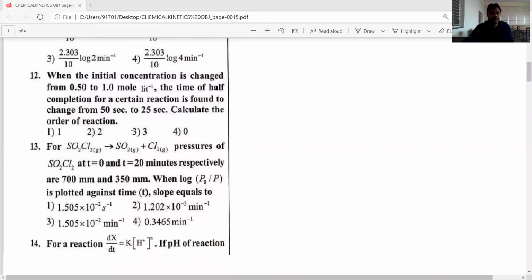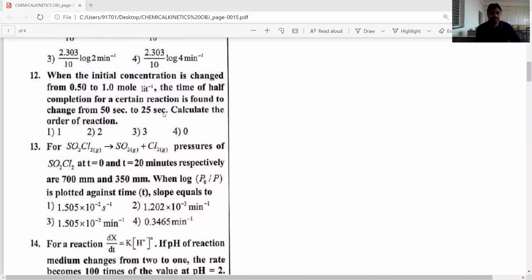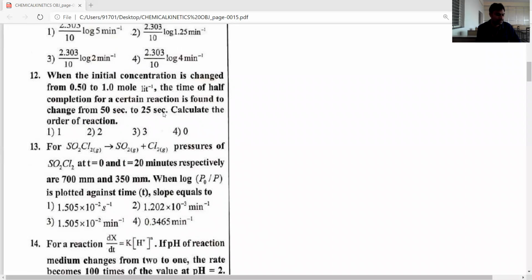12th question. When the initial concentration is changed from 0.5 to 1.0, the half-life of a certain reaction is found to be 50 seconds and 25 seconds.